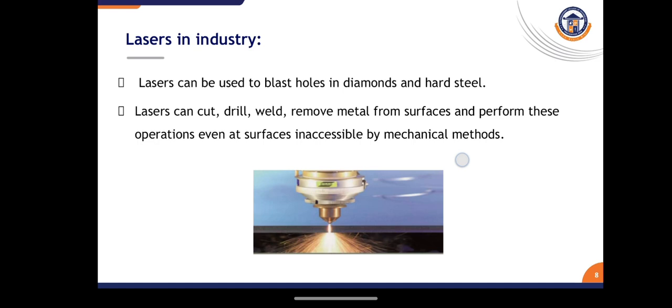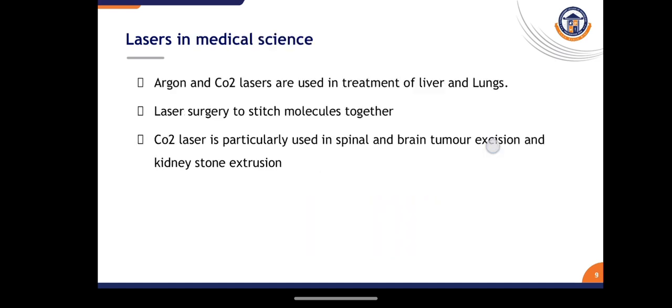And laser can also be used in medical science, that is for surgery purposes. For example, argon and CO2 lasers are used in treatment of liver and lungs, and laser surgery is used to stitch the molecules together. CO2 laser is particularly useful in spinal and brain tumor excision and kidney stone extrusion also.